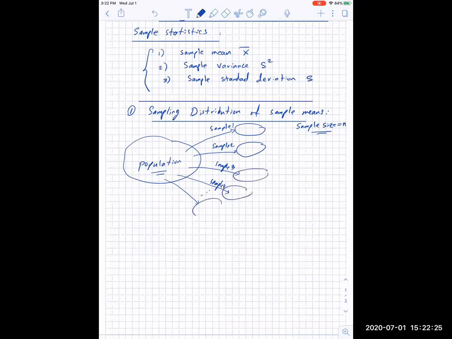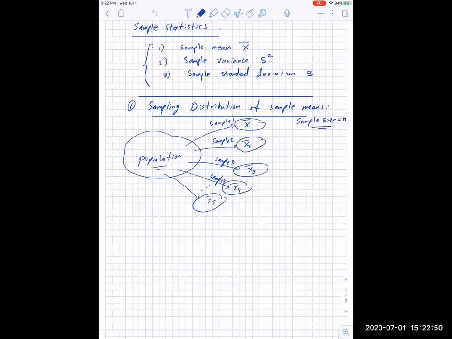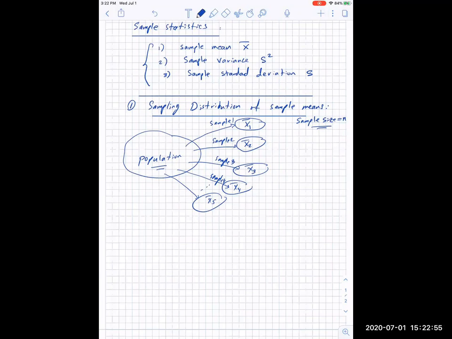So each one of these samples will give us a sample mean. The first sample will give us x1 bar. Second sample, x2 bar. Next one, x3 bar, x4 bar, x5 bar, and so on. So now these sample means become our data. We have a set of sample means.